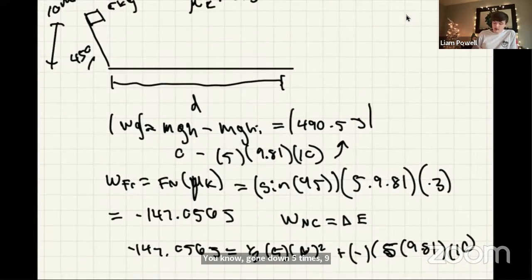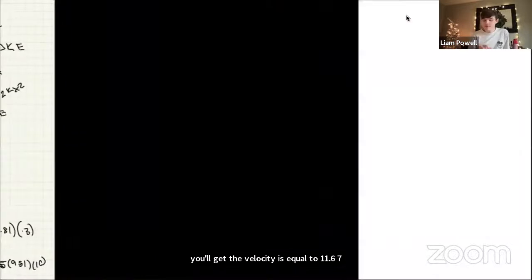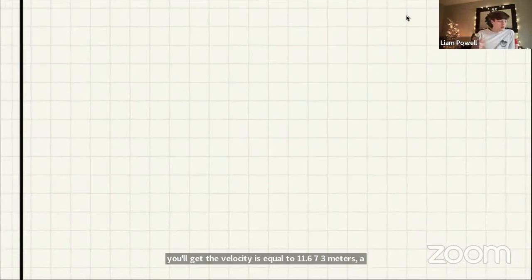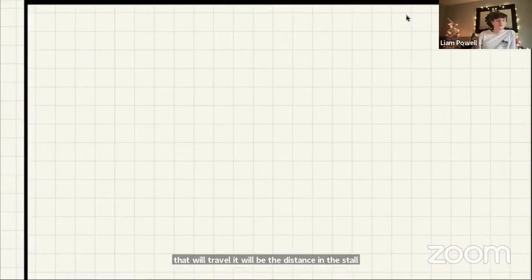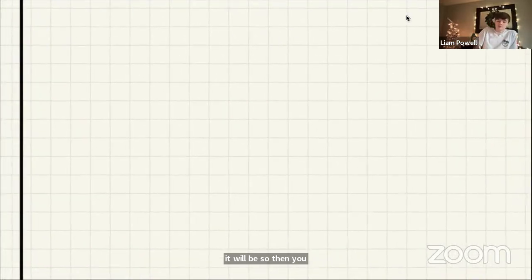And then you'll get the velocity is equal to 11.673 meters per second. And then lastly, in order to find the distance that it will travel until it stops, you find the force of friction on the entire distance.